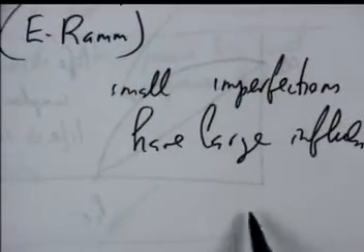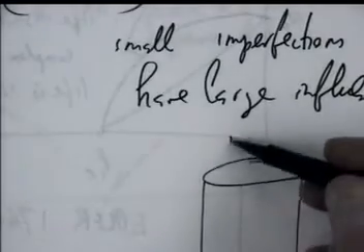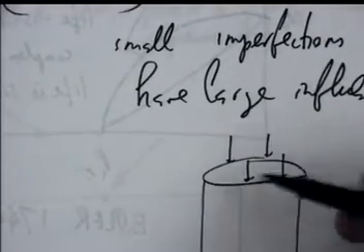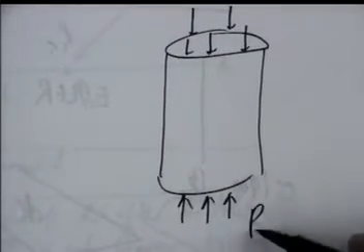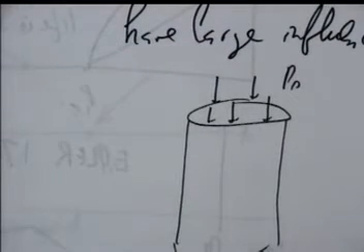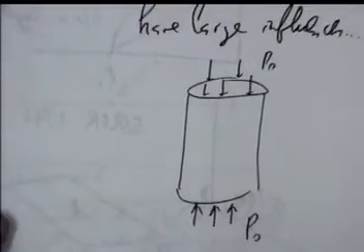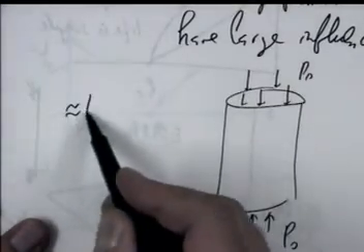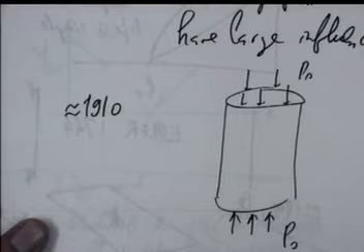Small, what does that mean? Look, please. I'm taking a shell, and you better write all of this because it's important and your knowledge increases exponentially. I take a shell and I'm putting this under load P0. Now, this generalization to such shells occurred in approximately 1910. So Euler did his analysis in 1744.